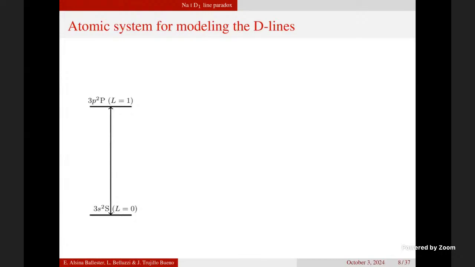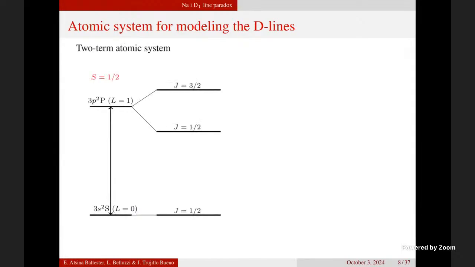This comes from the atomic system that produces these D lines, which are transitions between a two-term atomic system, whose lower level has orbital angular momentum L equals 0, and its upper level has L equals 1. When we account for the spin, the upper level is split into two fine structure levels, which have J equals 3/2 and J equals 1/2. These are respectively responsible for the D2 and D1 line transitions.